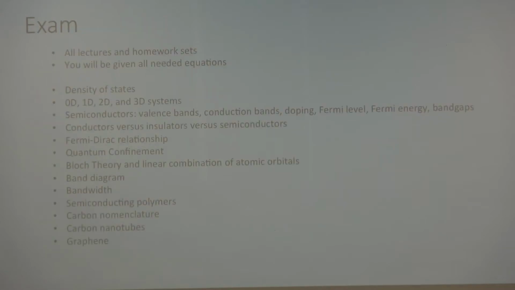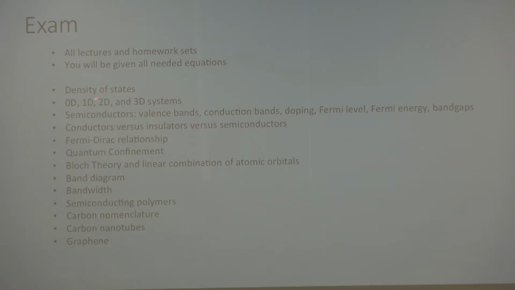Okay. So topics, basically it's going to be similar to how the last one was in terms of the relationship between the material and the exam. So basically all the lecture notes and homework sets. If you need an equation, you'll be given it. We spent a lot of time on density of states, so probably there'll be a lot from that.